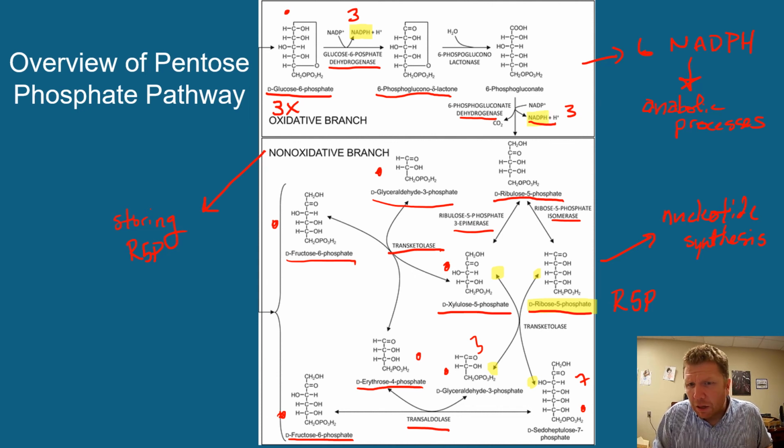When you deplete the cell of your ribose 5-phosphate, all that you have to do is replenish it by using some of the available glyceraldehyde 3-phosphate and sedoheptulose 7-phosphate to basically put that supply back to where it needs to be. Those carbons are there, they're just arranged in different ways.